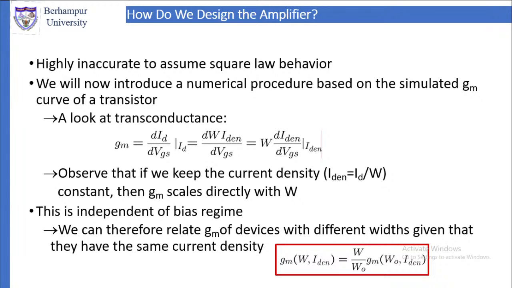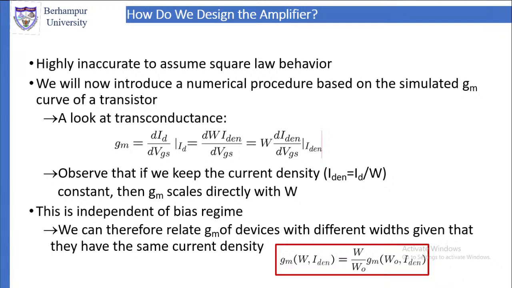Now, what we'll do is we'll introduce a numerical procedure based on the simulated GM curve that we have seen for a transistor. Look at the transconductance. GM is equal to differentiation of ID with respect to VGS. So once we differentiate, we get differentiation of W times IDEN, because ID is equal to W times IDEN. What is IDEN? It is current density.